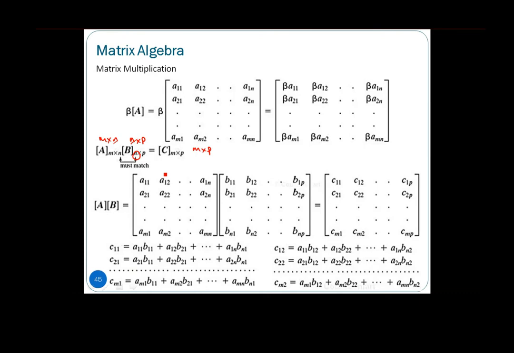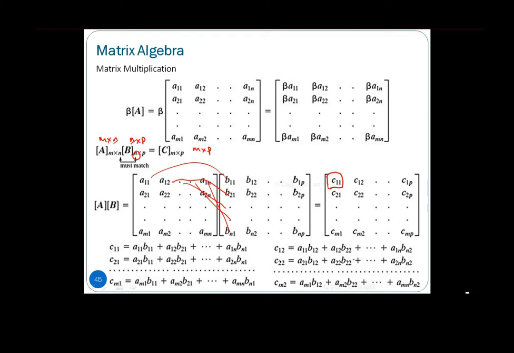So how do you do it? If you have an n times n matrix multiplied with an n times n matrix, you will have an n times n matrix. What we do is, for C11, A times B equals C, basically you have A11 multiplied with B11, plus A12 multiplied with B21, then the summation of all these gives you C11.